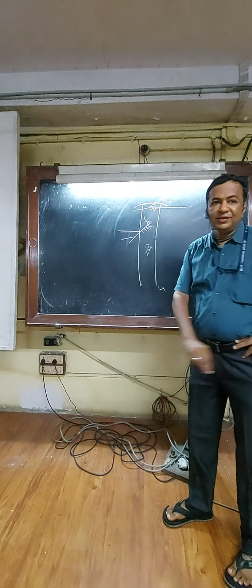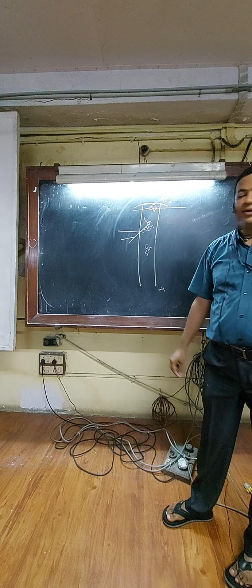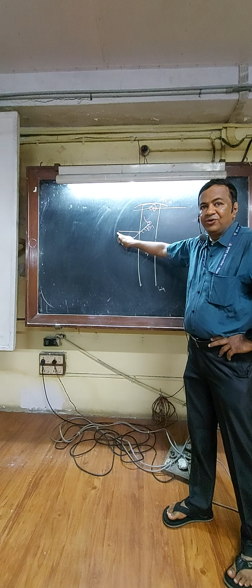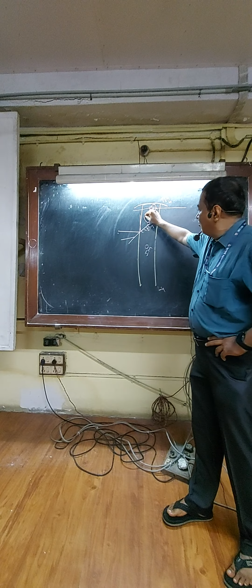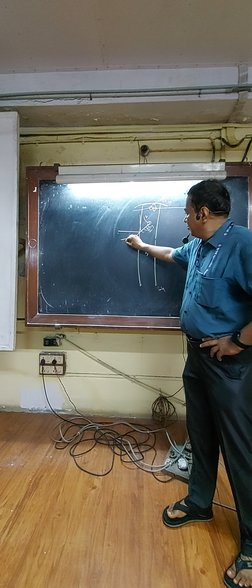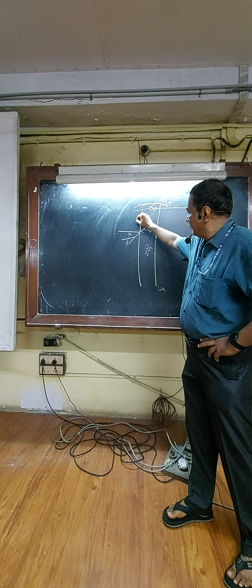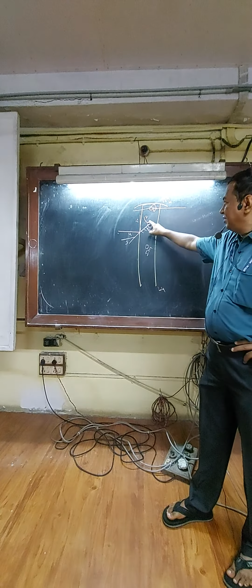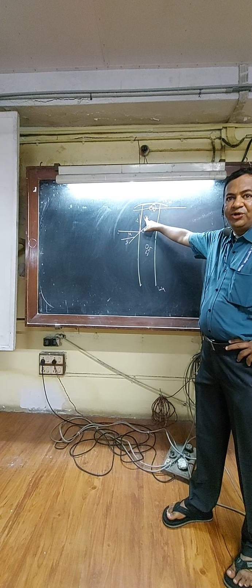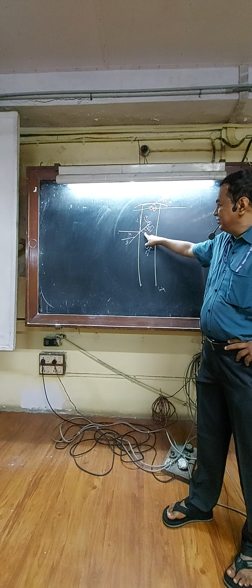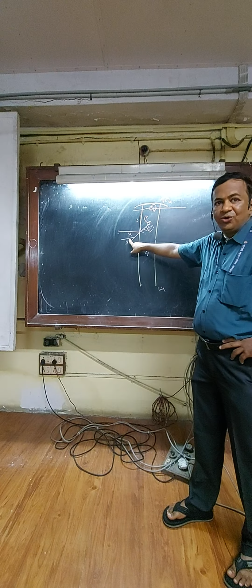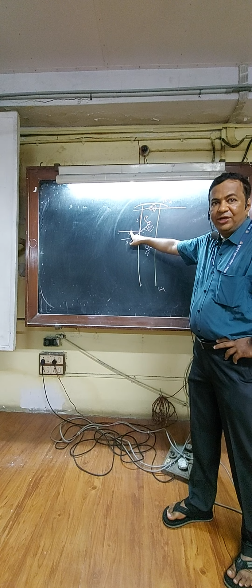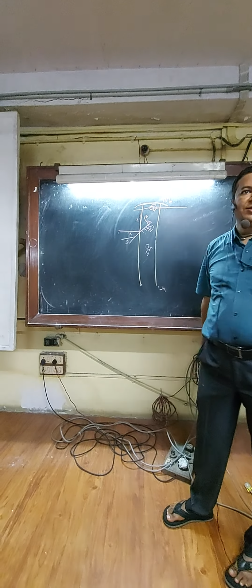Right colic for the ascending colon. Middle colic. So 1, 2, 3, 4, 5. Inferior pancreaticoduodenal, jejunal and ileal branches, ileocolic, right colic, middle colic.